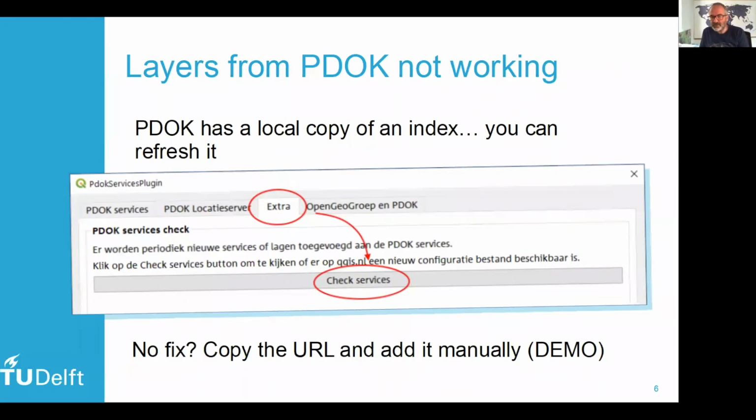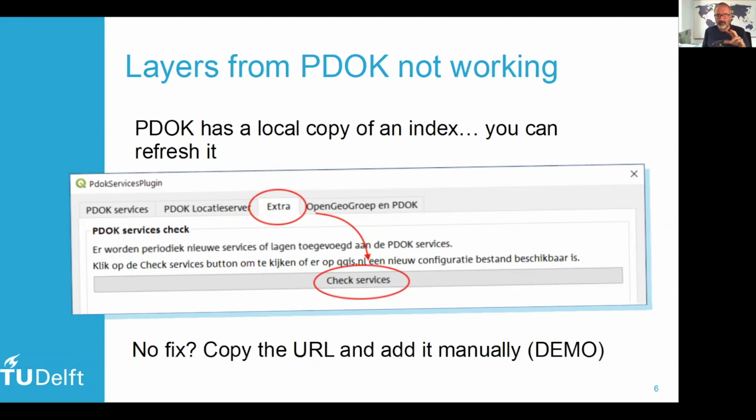So sometimes it also happens that layers from the PDOK plugin are not working. Now there's a few options for that. One of them is that the way the services plugin works is that it makes a local copy of an index, and the index points to different layers in different services.